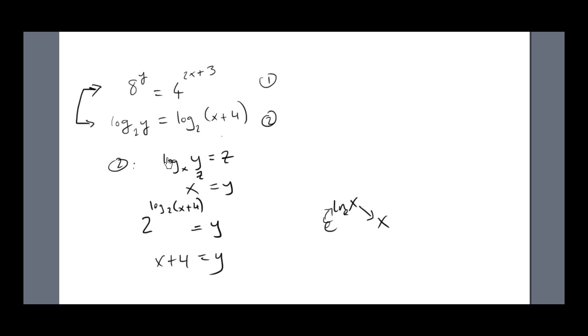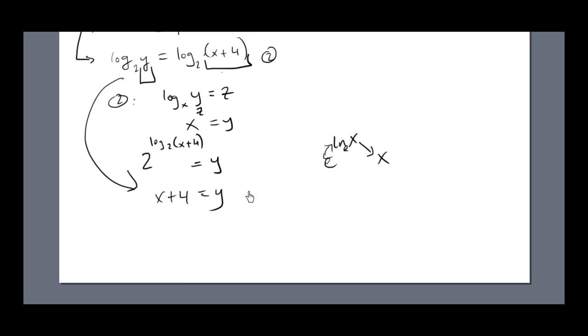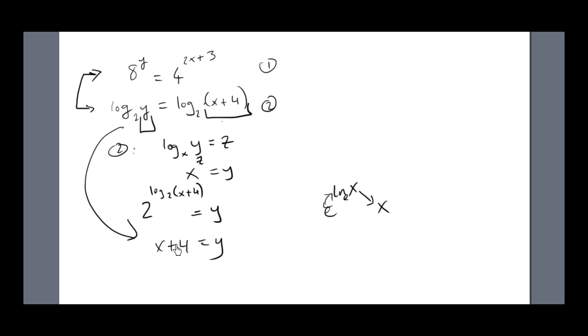You can also argue that the log base 2 of something equals the log base 2 of something else, so those two somethings must be equal. So now let's write our two equations again. We have x plus 4 equals y, and 8 to the power of y is equal to 4 to the 2x plus 3.